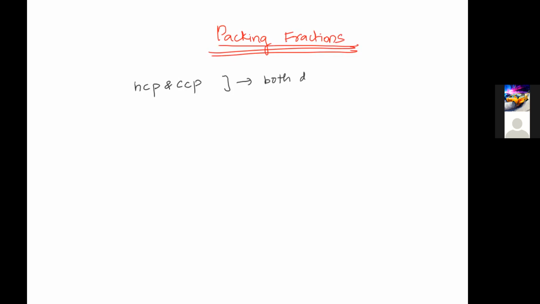Now, topic is packing fraction. When you have seen both HCP and CCP above, both of them are different patterns of packing, but they are equally efficient.